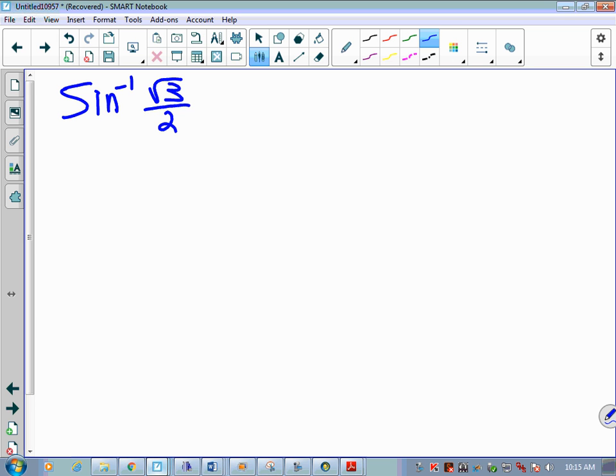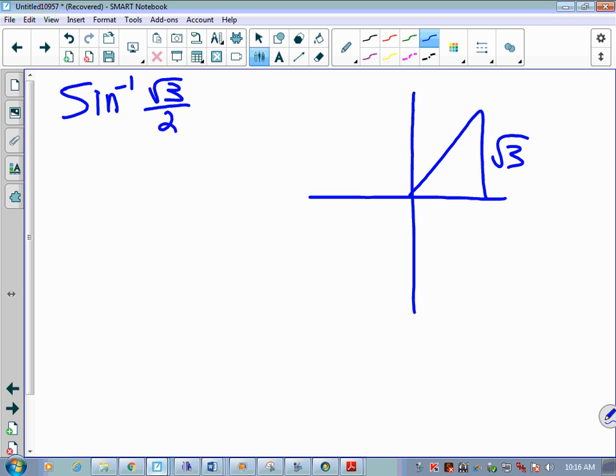What I want you to realize is that sine is still opposite over hypotenuse, even though what we're talking about is the inverse. From my reference angle, the opposite is radical 3 and the hypotenuse is 2, and I'm looking for a place where I'm getting a positive opposite. Well, opposite is going to be there, right?